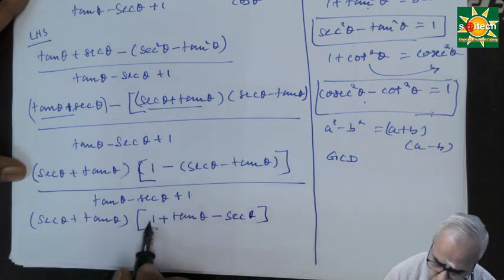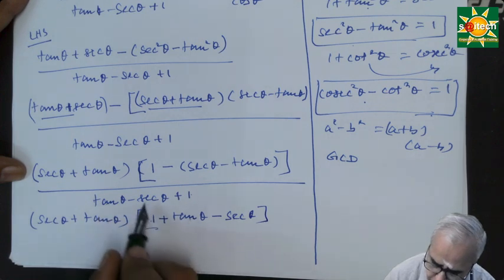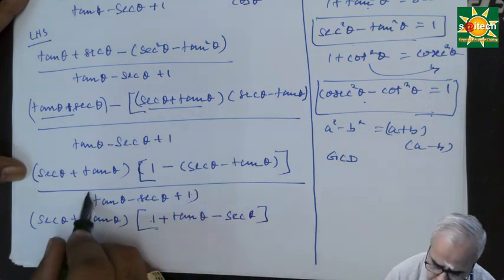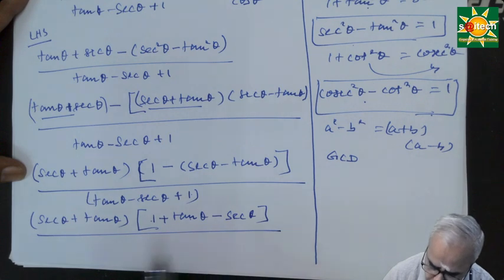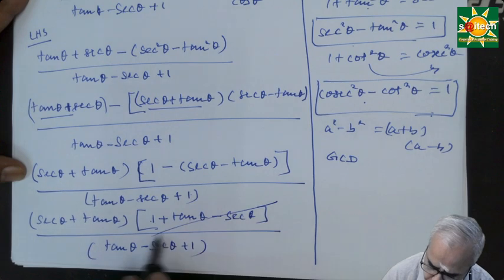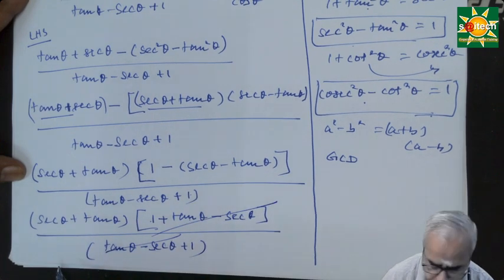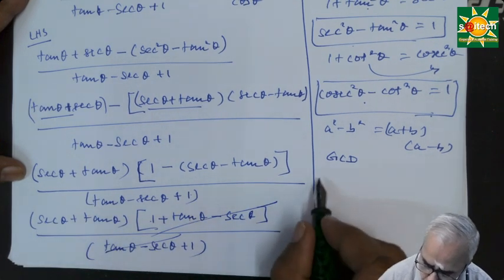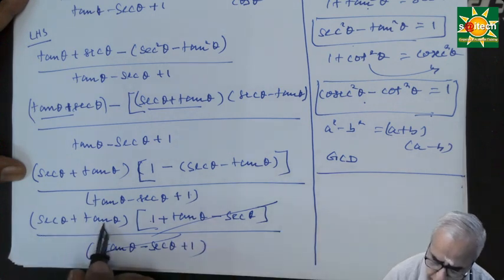So you have got 1 plus tan theta minus secant theta. So that can be cancelled, is it not? Because both of them are the same terms only: tan theta, secant theta, plus 1. Do you understand this? So you can strike out fully. Now the remaining term is what? That is secant theta plus tan theta.